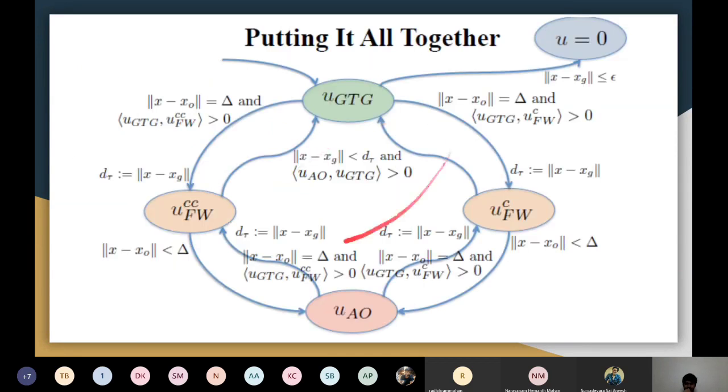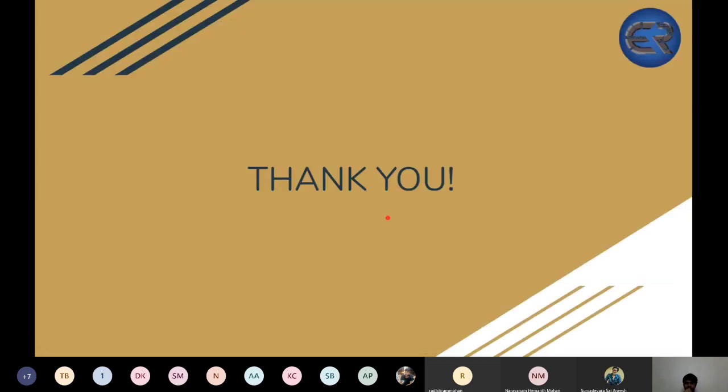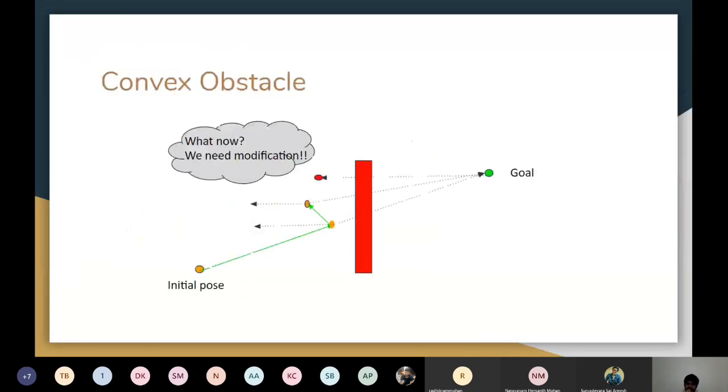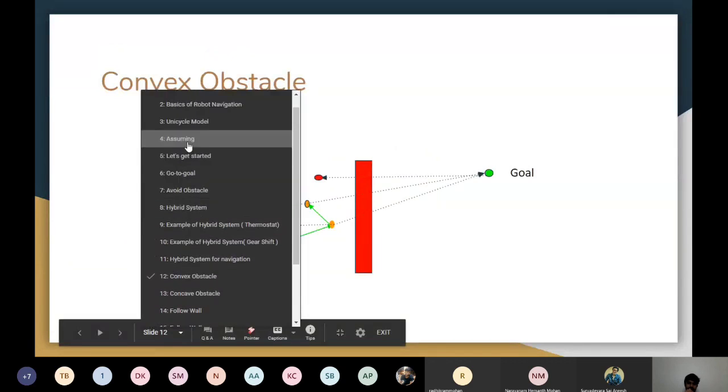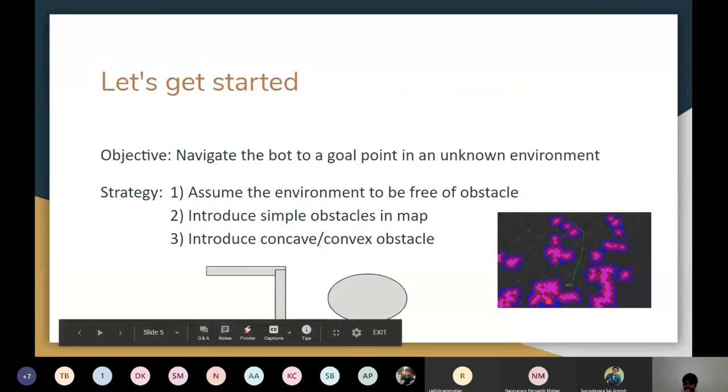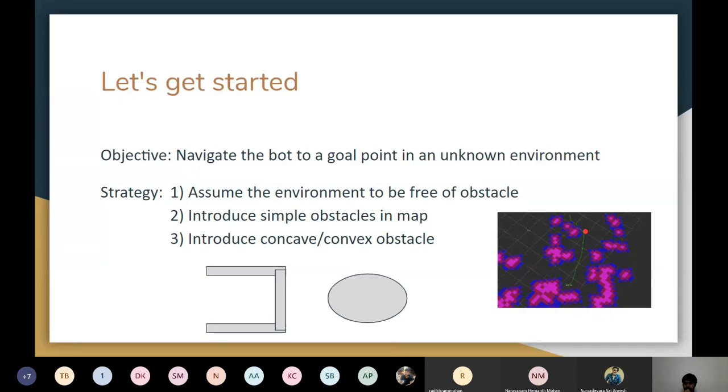So pretty much this. We have been able to navigate our bot in an unknown environment. Let's say over here there was some go to goal behavior. The goal might have been here. I was trying to follow the goal, and then I had to switch back to follow wall. I started following the wall. Again, I have a clear vision to the goal, so I started following the goal.